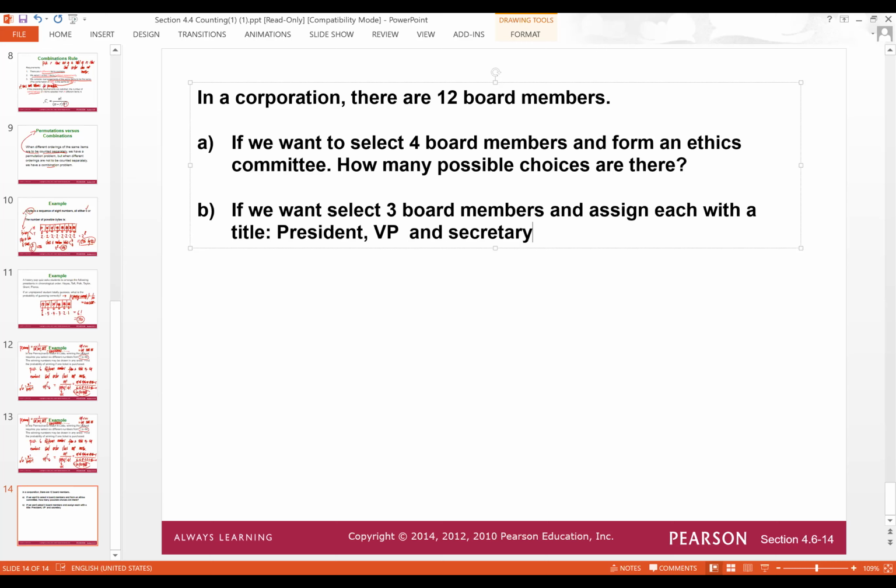Those are the 3 titles, and each one is going to have one. So how many possible choices are there? Okay, I'm going to give you 5 minutes. You can work on this and see if you understand how to solve the problem using combination and permutation.